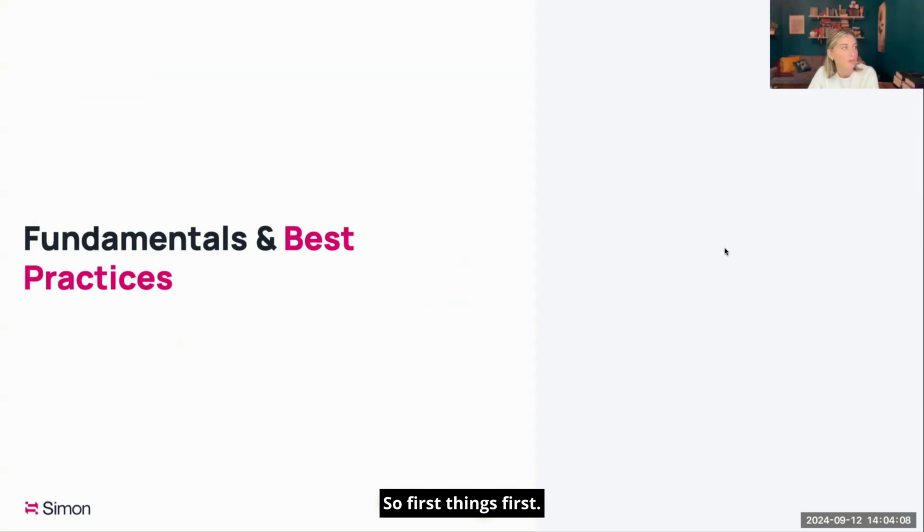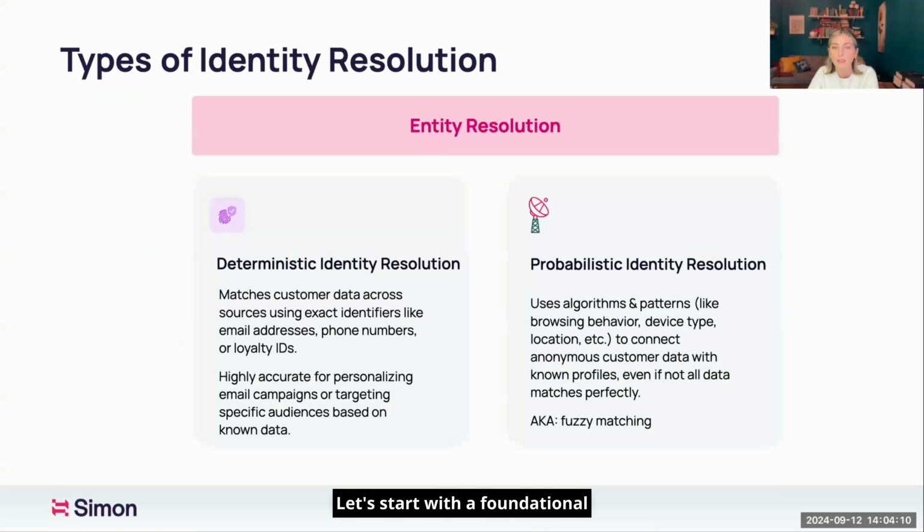Alrighty, so first things first, let's start with a foundational concept, which is entity resolution, that bar at the top. Entity resolution is the process of identifying and linking records that refer to the same entity, be it a customer, a company, or any other object across different data sources. It's the umbrella technique that encompasses various methods of stitching together fragmented data to create that unified customer profile.